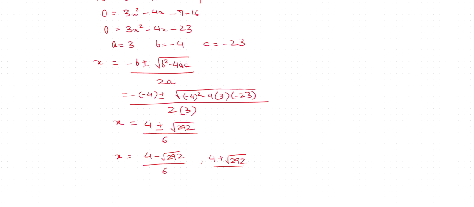If we simplify, this also gives us 4 plus minus 2 root 73 by 6.